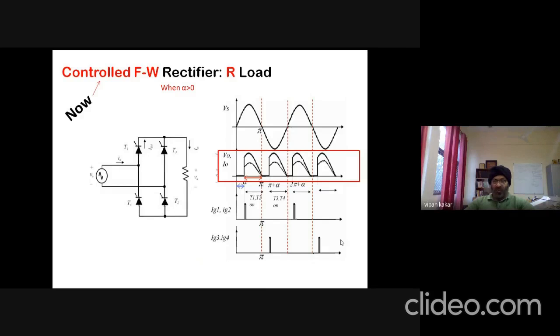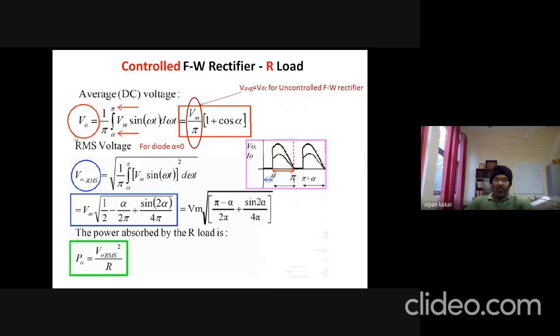So these are the analytical equations for the waveforms we saw in the previous slide. To mathematically write down these expressions, we can just use the same concept we saw in the half-wave rectification case.